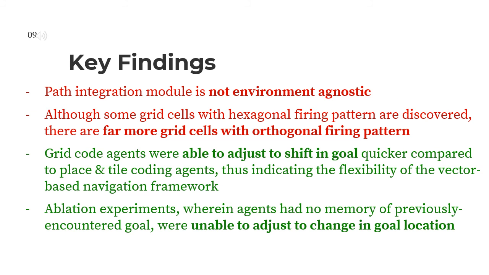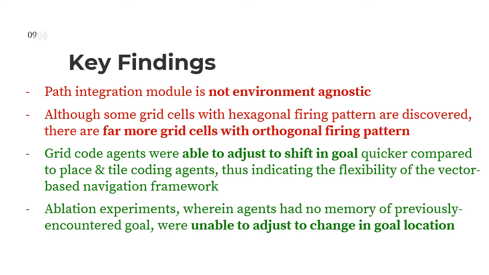The main key findings of our project are as follows. First of all, the path integration module is not environment agnostic. Second, even though there are some grid cells with hexagonal firing patterns, there are far fewer than the grid cells with orthogonal firing patterns.